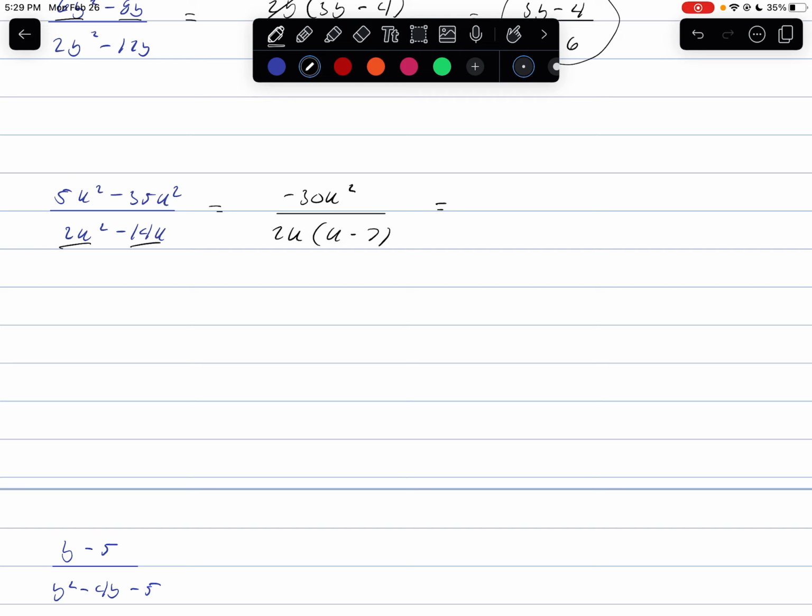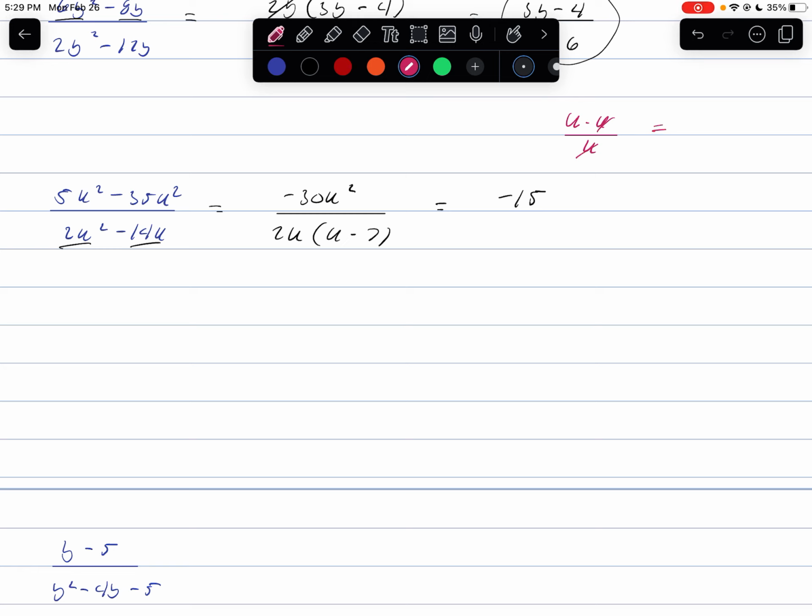Okay, so now we need to see what we can cancel. Well, we have negative 30u squared divided by 2u. So if we just look at the numerical parts, if we have negative 30 divided by 2, that's going to give us negative 15. So we'll have a negative 15 in the numerator. And then if we have u squared divided by u, we can think of this as u times u over u.